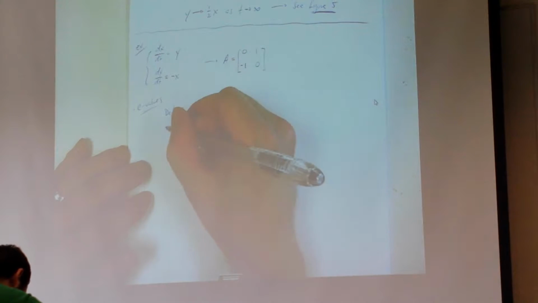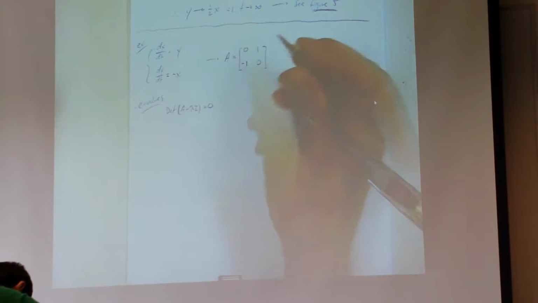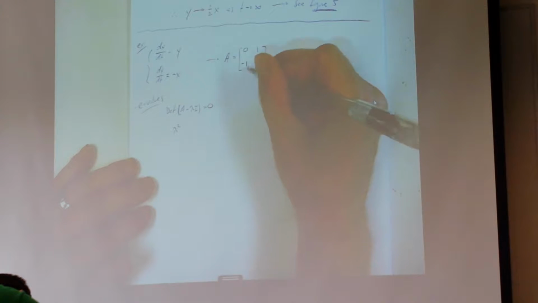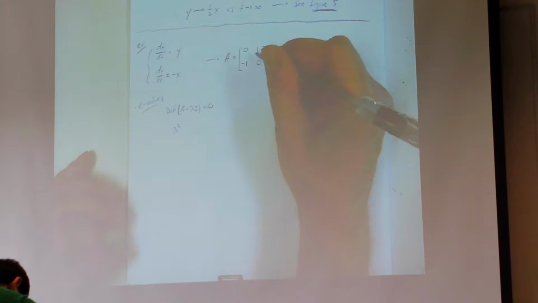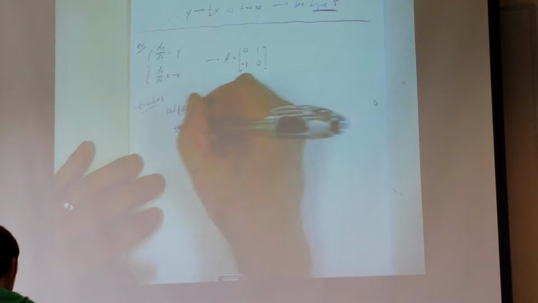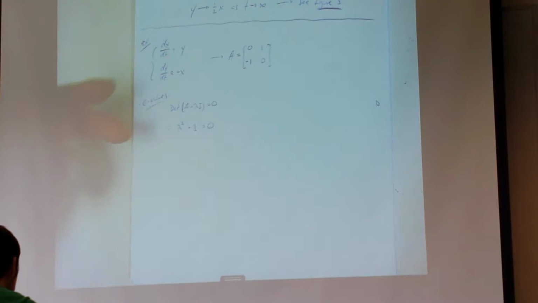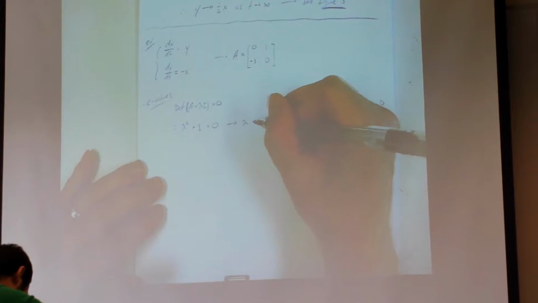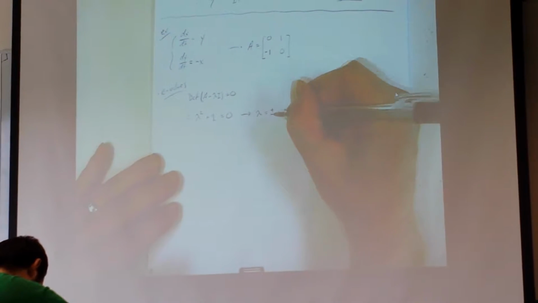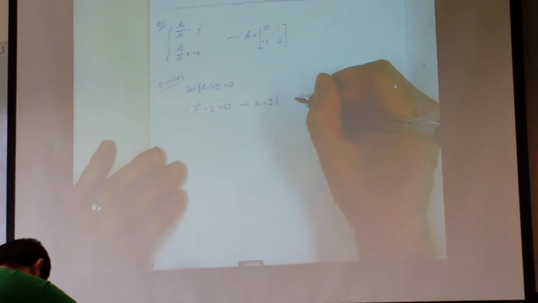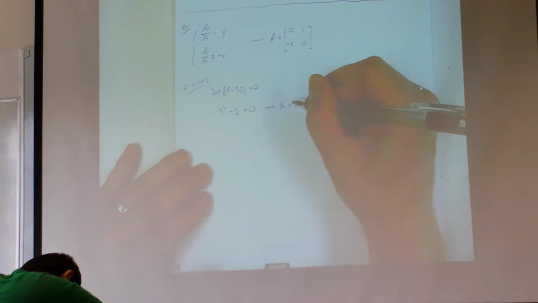So for the determinant, I'm going to have negative lambda times itself, just lambda squared, minus negative 1, so plus 1. Such a simple looking system, and we're going to get plus or minus i, right? So these are pure imaginary, of the form 0 plus bi.